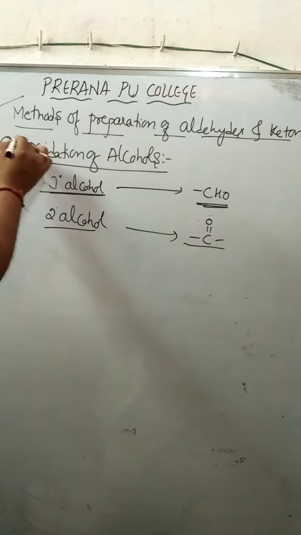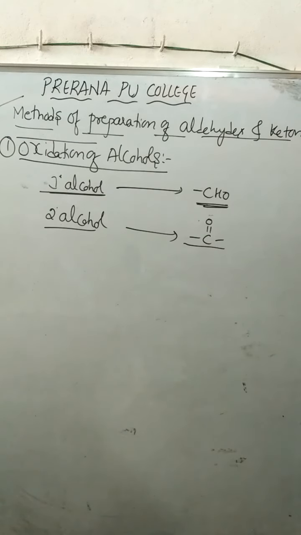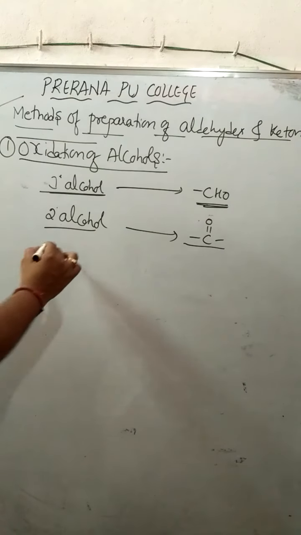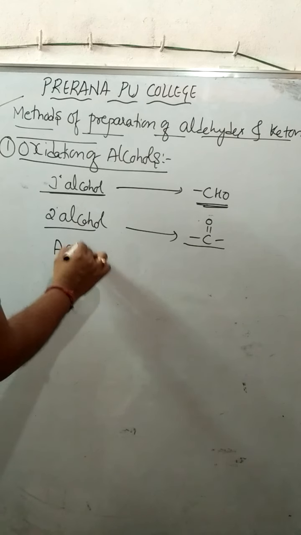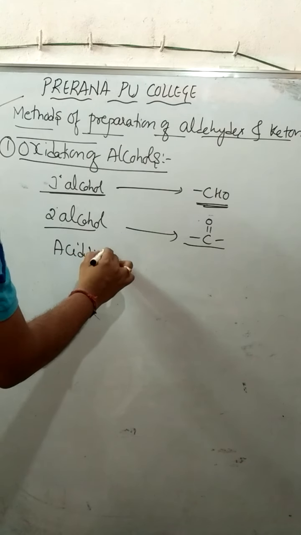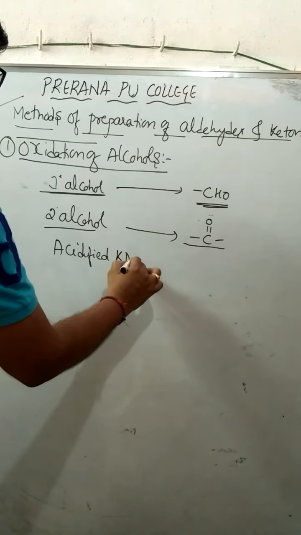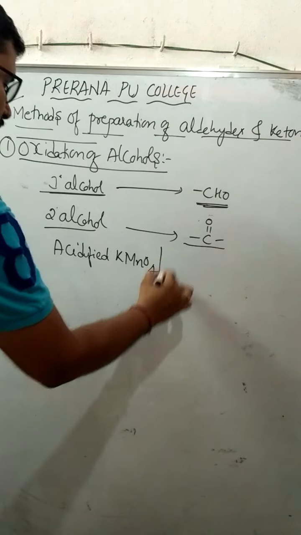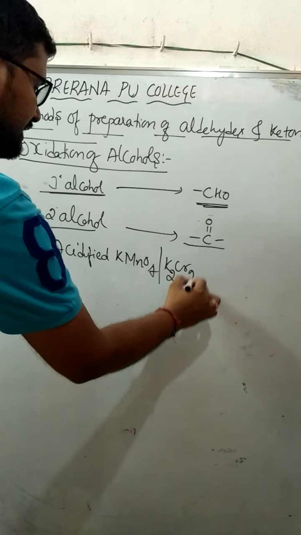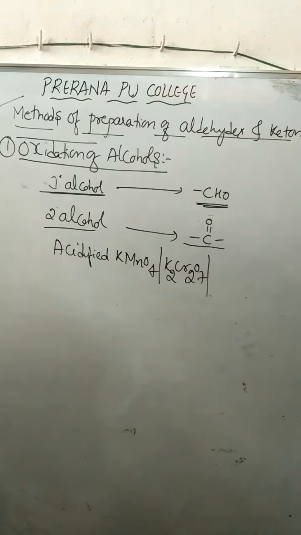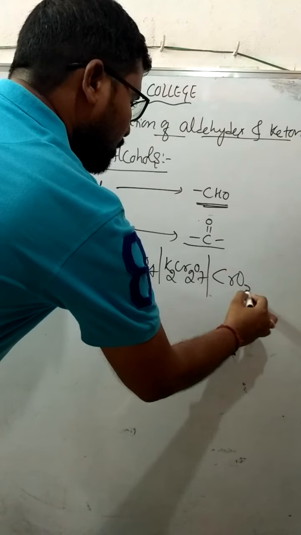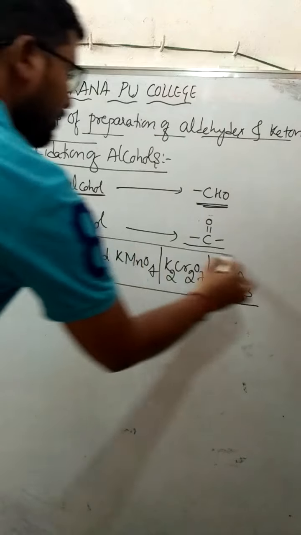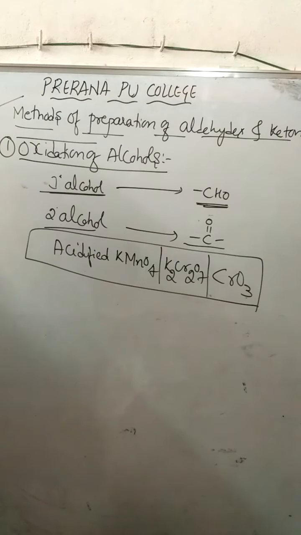Both primary and secondary alcohols are subjected to oxidation in the presence of acidified KMnO4, or you can use acidified K2Cr2O7, or you can also use chromium 6 oxide for the oxidation of alcohols.